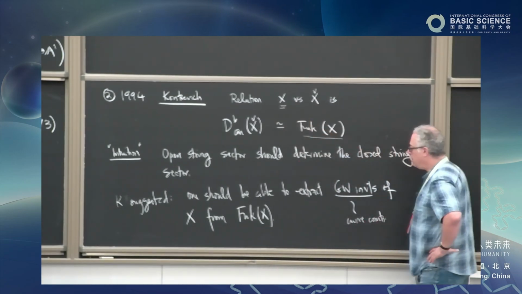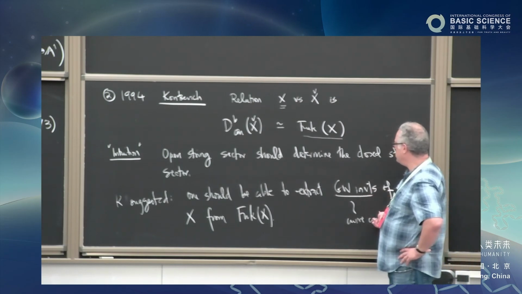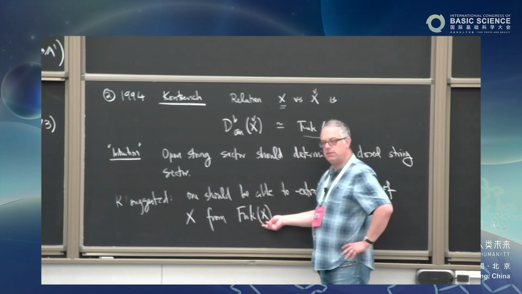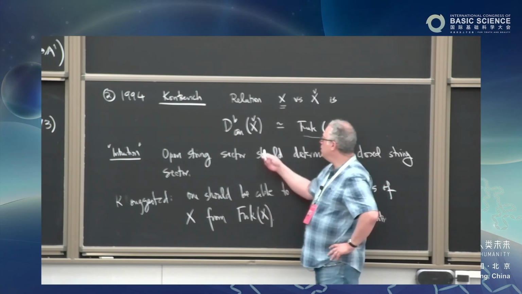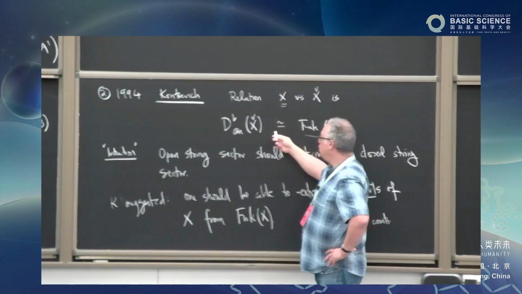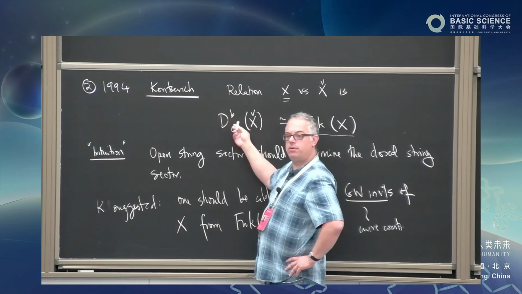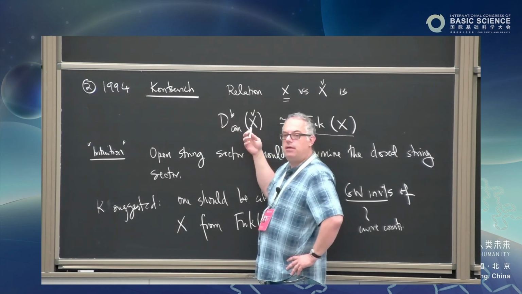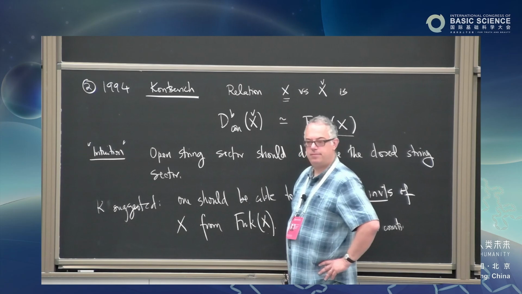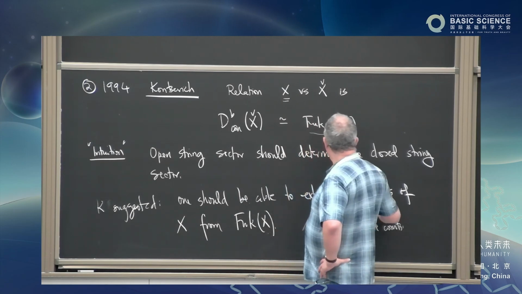And so if you are able to extract the Gromov-Witten invariants directly from the Fukaya category as an abstract category, then having established such a relationship, you should be able to feed into the same story the derived category, which presumably is easier to understand, and calculate the same numbers. So that was the idea. You want to calculate the curve counts.